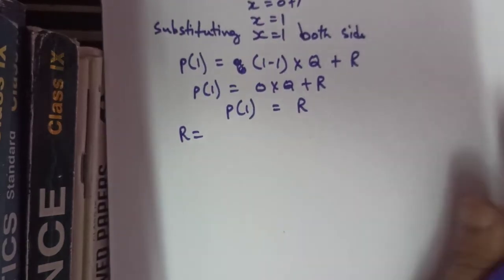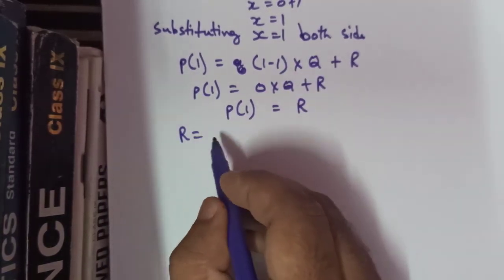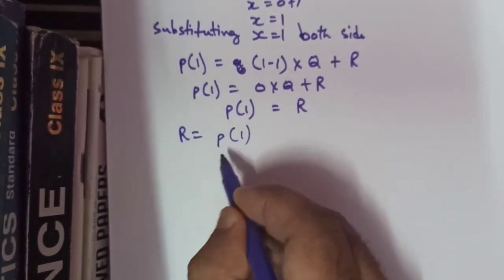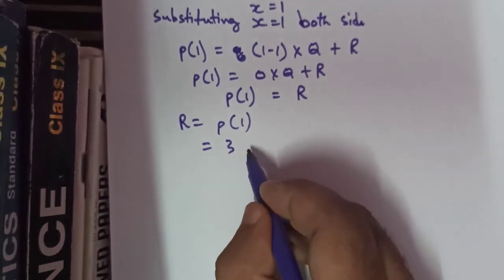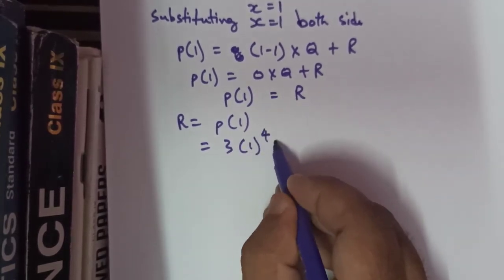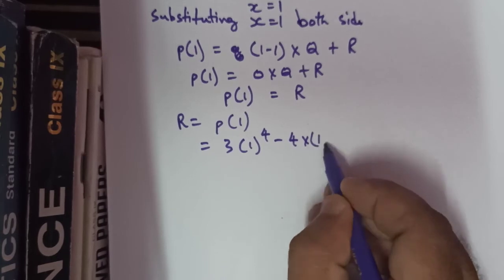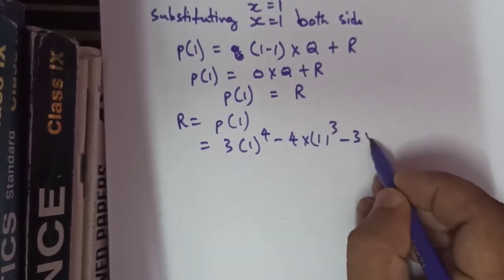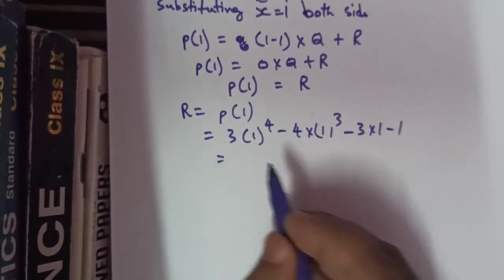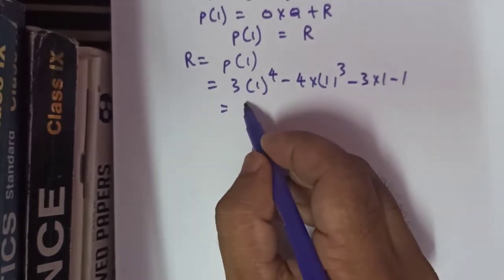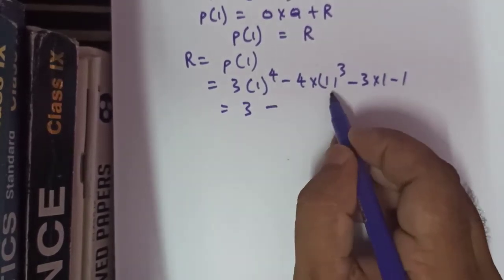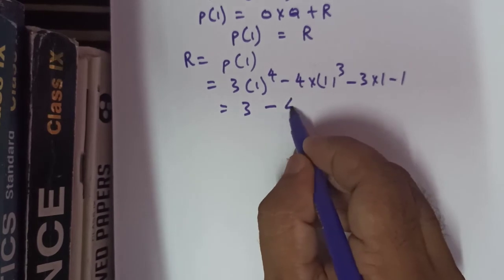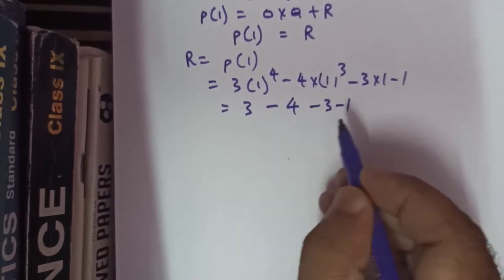So p1 will be what? The remainder will be equal to p1, that is 3 times 1 power 4 minus 4 times 1 power 3 minus 3 times 1 minus 1. So 1 power 4 is 1, 1 times 3 is 3, minus 1 cube is 1, 1 into 4 is 4, minus 3 minus 1.